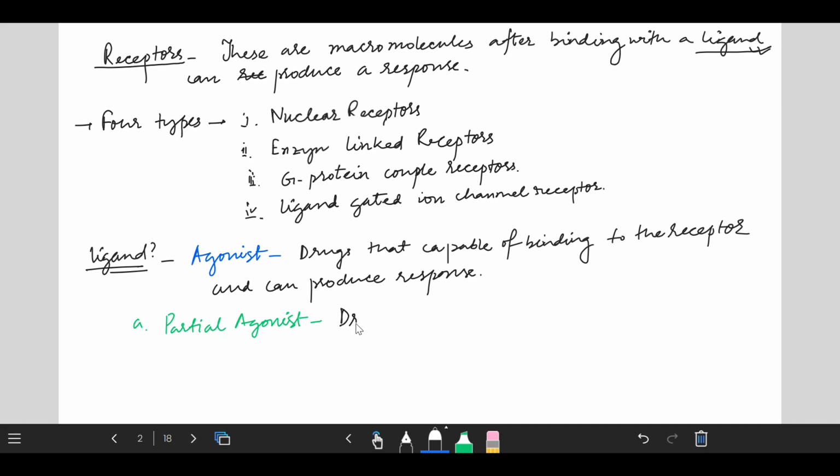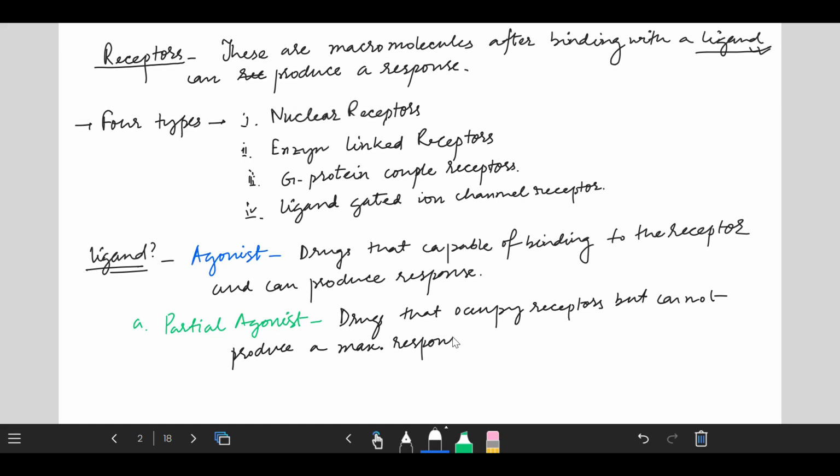So, these are the drugs that occupy the receptor but cannot produce a maximum response. That's why its intrinsic activity is denoted as less than 1.